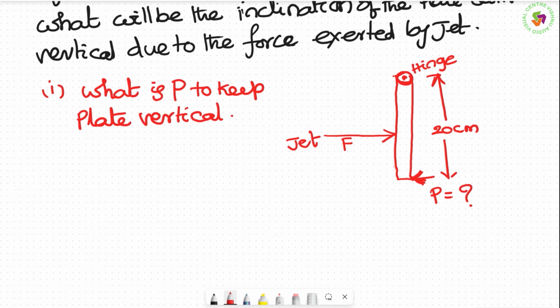So if I take the moment, it is 20, this is 50%. That means at the center it is 10 centimeters.